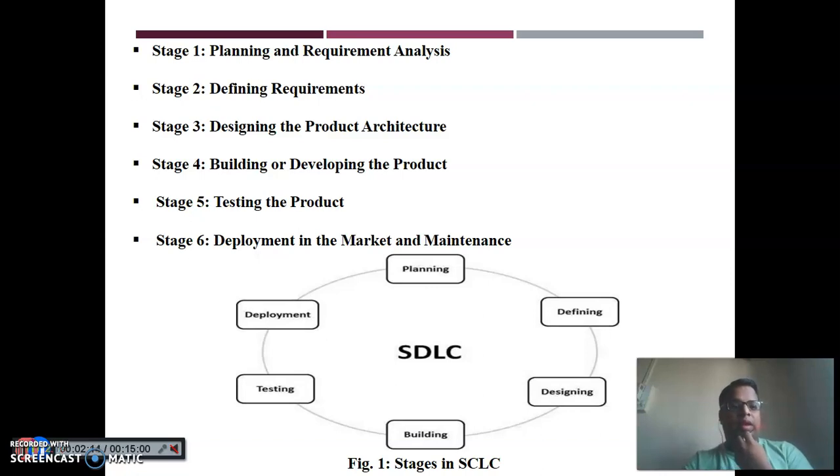Based on this, we select one and start building in stage 4. In stage 5, the testing will be done of the developed project, and stage 6 is the last stage, where the deployment and the maintenance will be done. All these stages are interconnected to each other. So this is what the SDLC is.